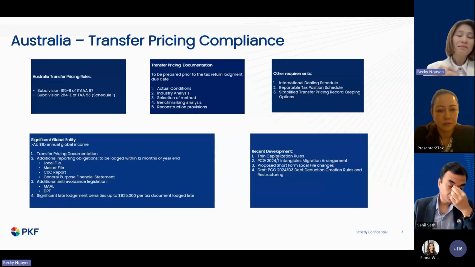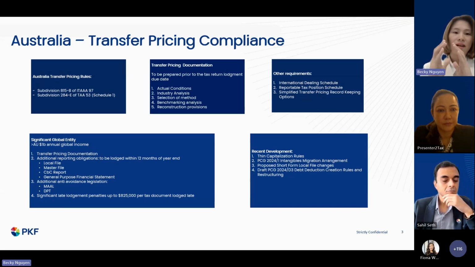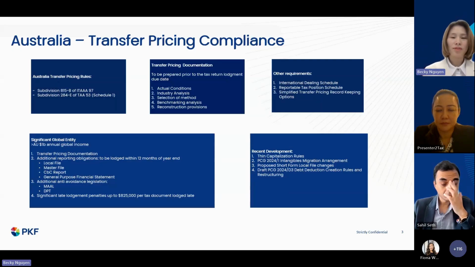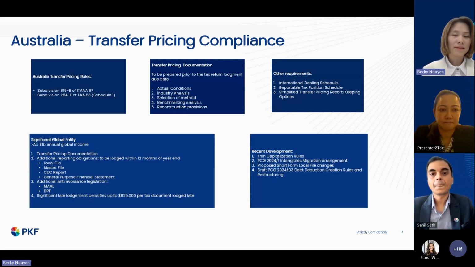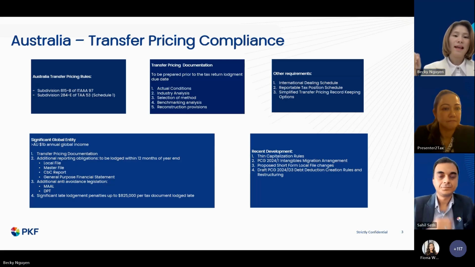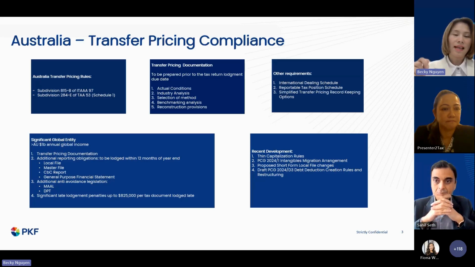outlined in the slide. A couple of points that we wanted to note are about the benchmarking analysis. Benchmarking analysis here must be performed from an Australian transfer pricing perspective, because in certain circumstances, non-Australian transfer pricing or benchmarking analysis may not be accepted. Another point to note is the reconstruction provision analysis.